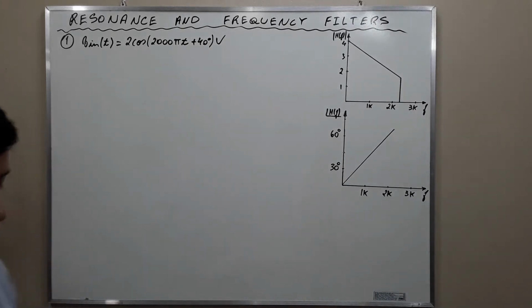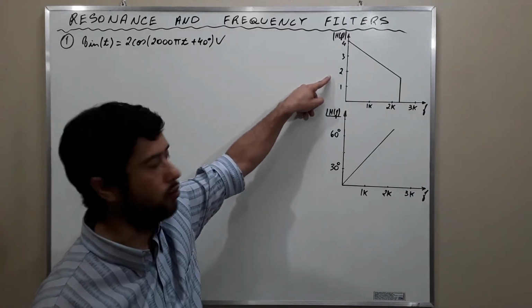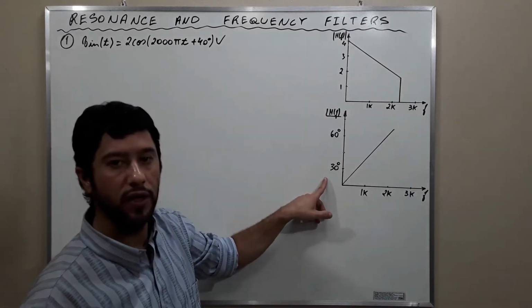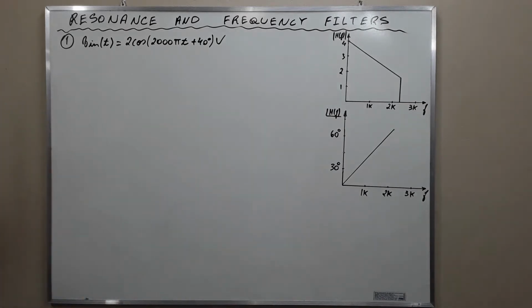Exercise number 1. Given the magnitude and the phase plots of a filter's transfer function, this is the magnitude and this is the phase plot of the transfer function.